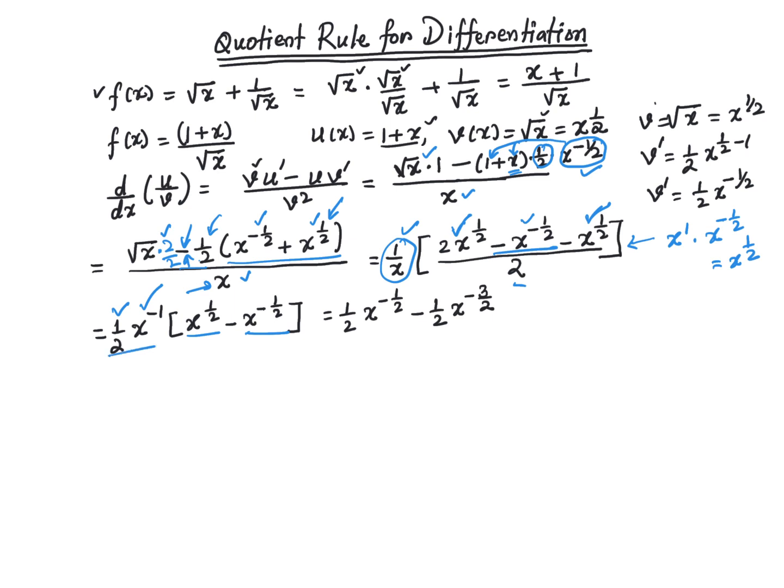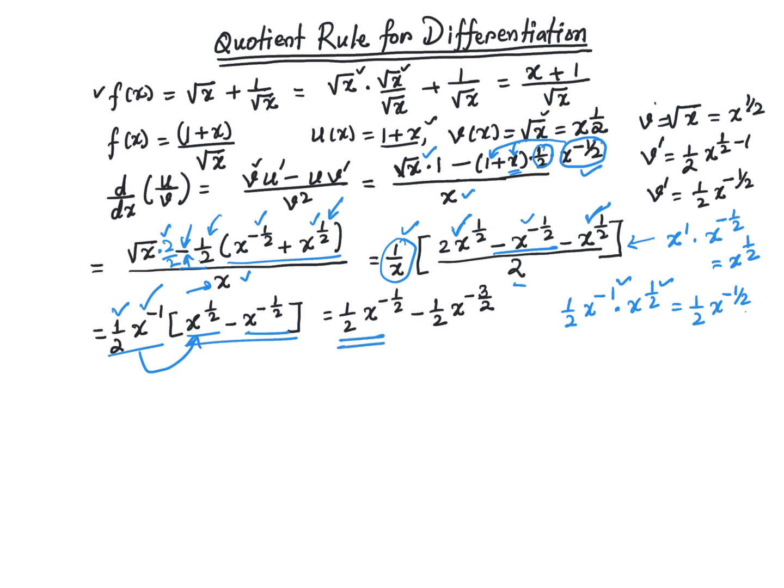Now I distribute these two inside the square bracket. So 1/2 x to the power negative 1 times x to the power 1/2 is going to give me nothing but 1/2 x to the power negative 1/2, because negative 1 plus 1/2 is negative 1/2.